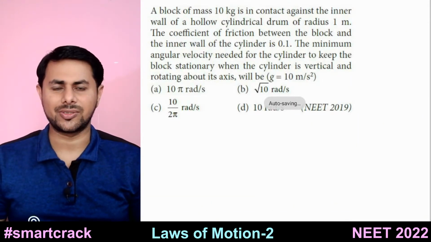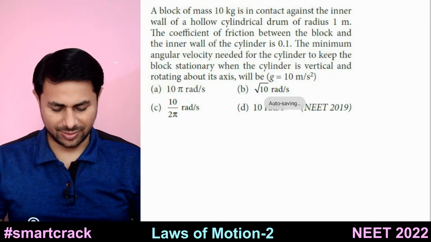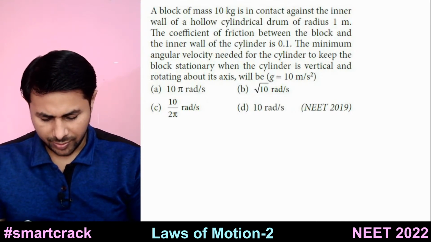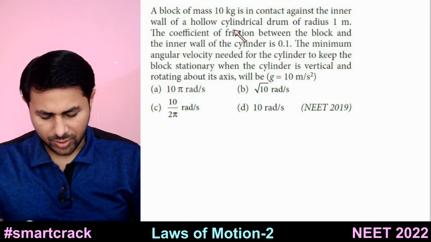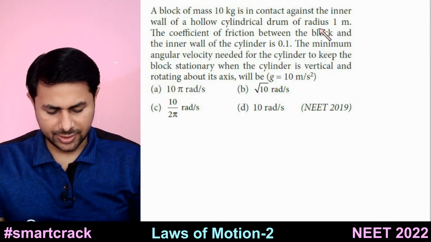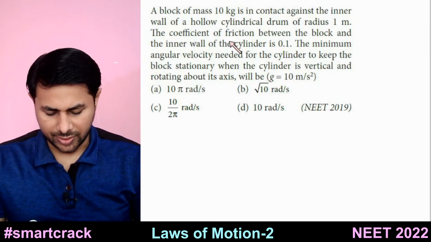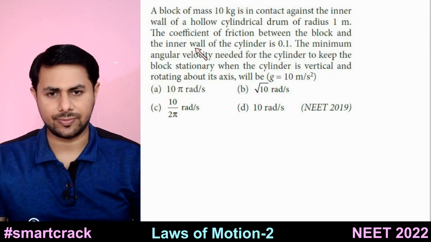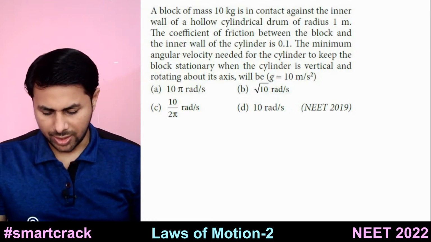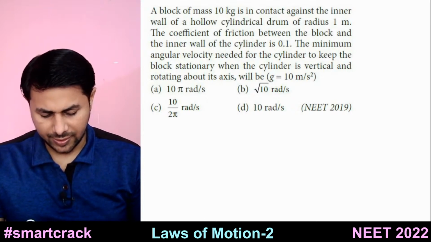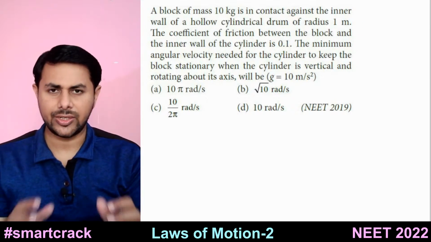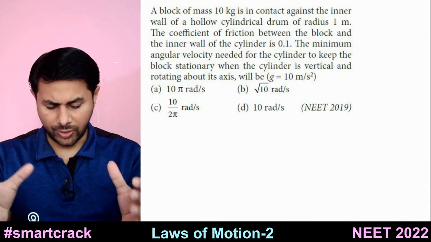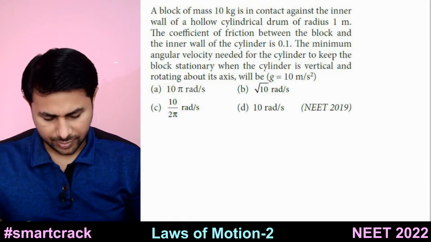Then let's move on to the problems. Let's solve some problems based upon free body diagrams. The first problem is: a block of mass 10 kg is in contact against the inner wall of a hollow cylindrical drum of radius 1 m.